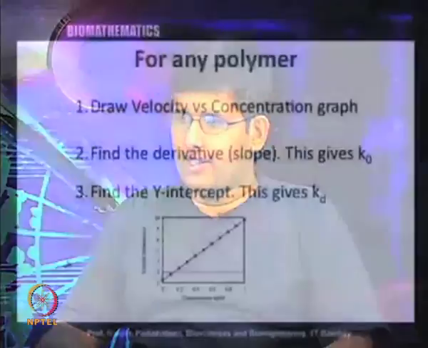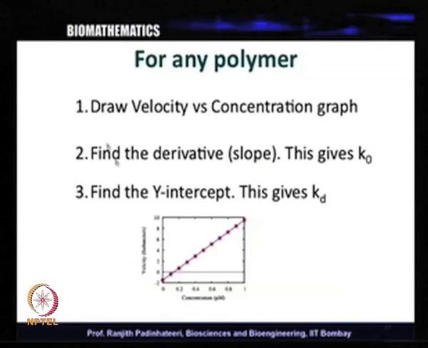So, let us quickly understand for actin from whatever we learnt. Let us have a look at the values of K0 and Kd for actin. For any polymer, what you can do experimentally is draw a velocity versus concentration graph, find the derivative, and this derivative gives you K0, find the y intercept, and this gives you Kd. This is the recipe for calculating K0 and Kd, and what we are using here is the simplest form of differential calculus.